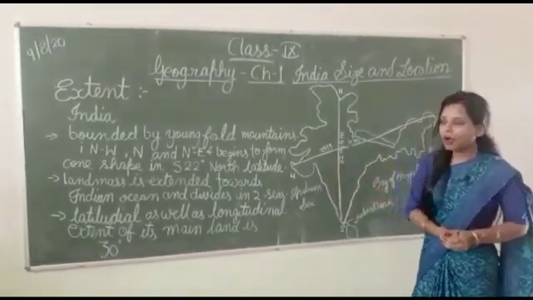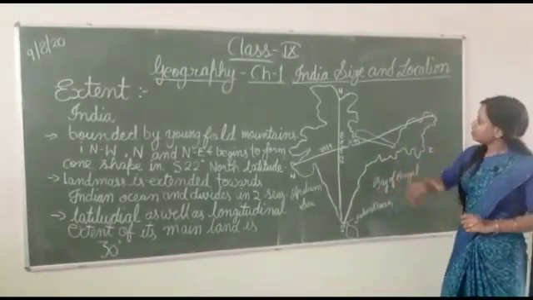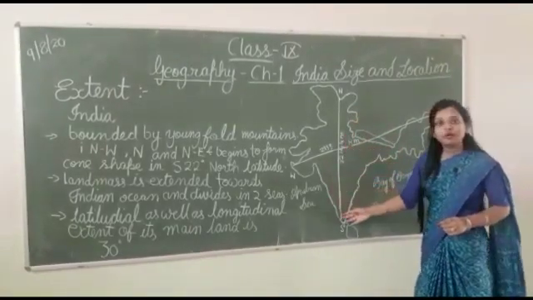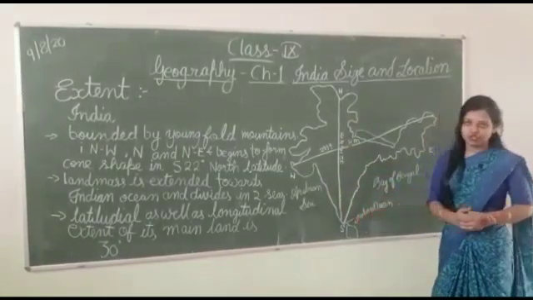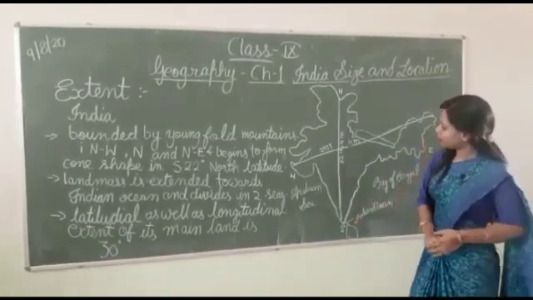When we are talking about the landmass extension of India, we can say that it extends towards the south, into the Indian Ocean, which divides it into 2 parts.